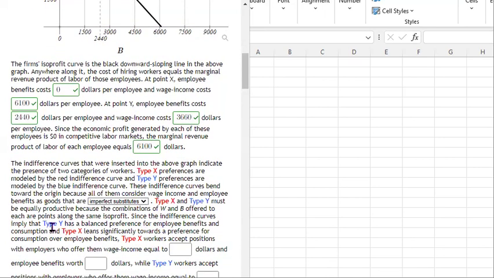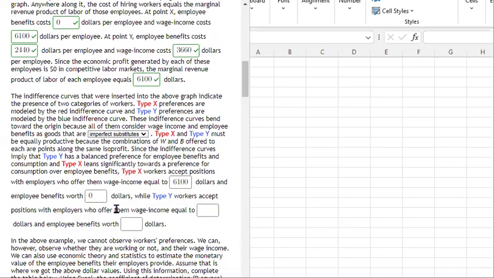So since the indifference curves imply that type Y has a balanced preference for employee benefits and consumption, and type X leans significantly toward a preference for consumption over employee benefits, type X workers accept positions with employers who offer them a wage equal to $6,100 a month and employee benefits worth $0.